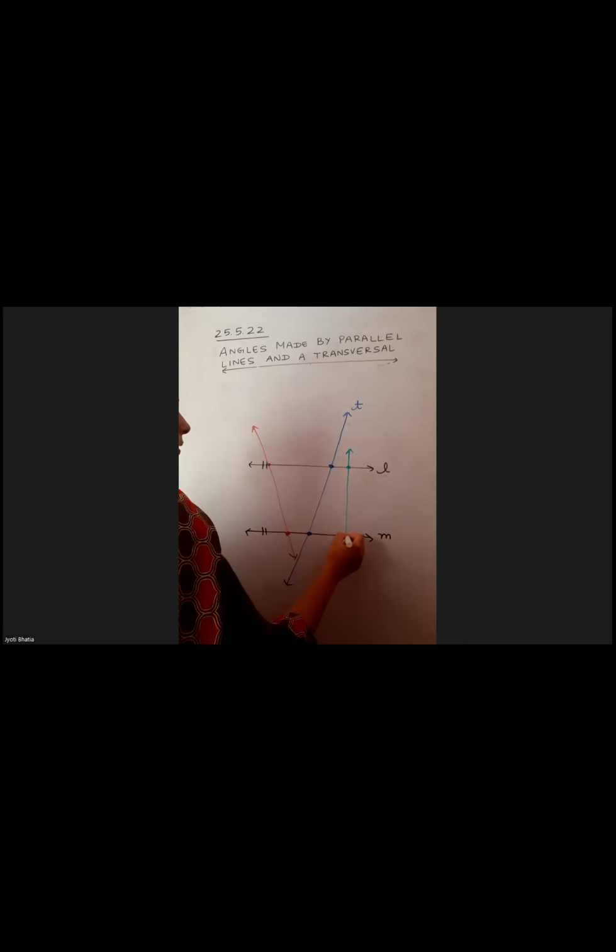If I draw a line straight, will this also be a transversal? Yes, ma'am. So a transversal line could be a straight line, could be slanting this way or that way, because all these three lines are intersecting the given lines l and m at two different points.